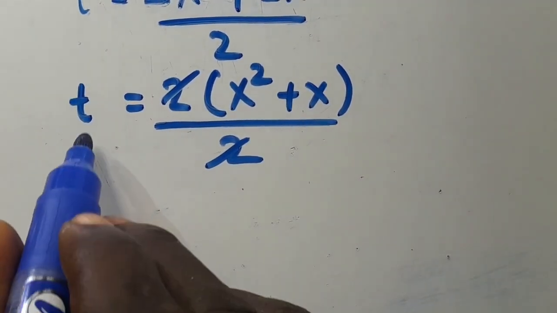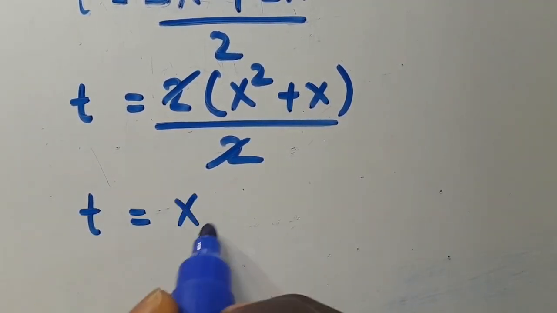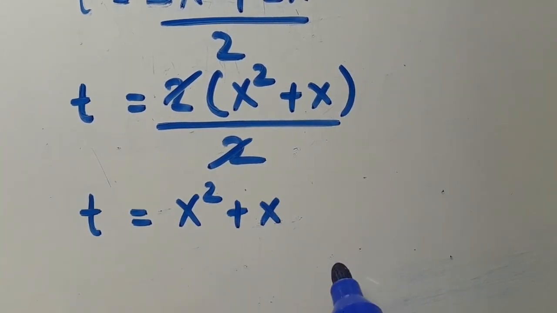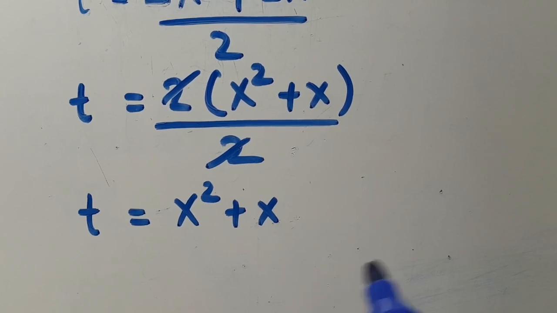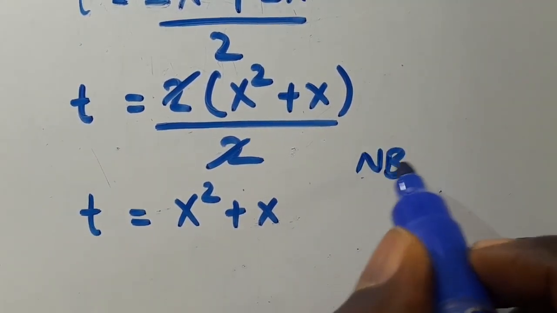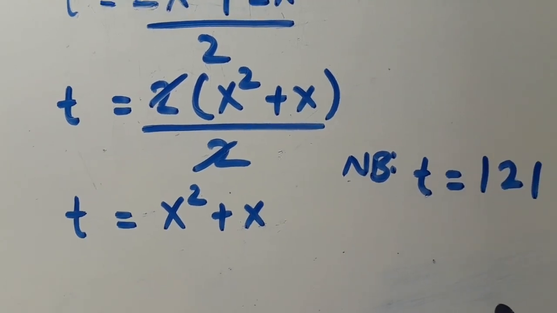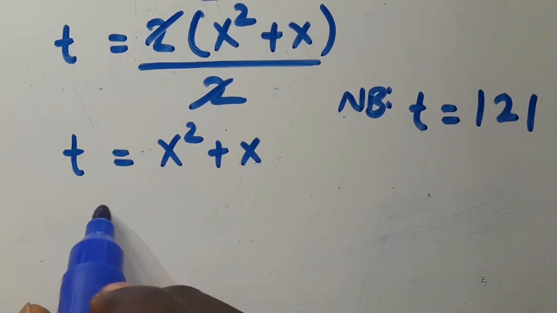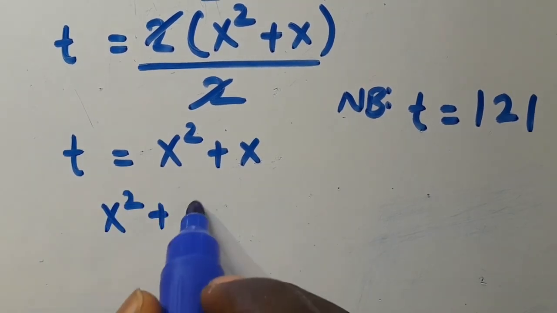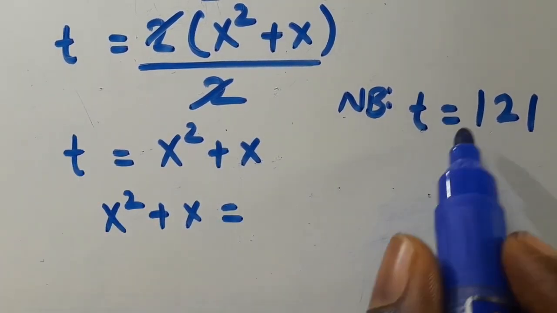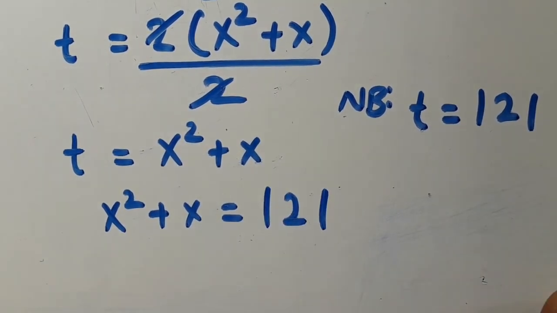Then we are going to have t equals x squared plus x. But note then that we say we should let our t equal 121. So definitely we have x squared plus x equals this t, which equals 121.